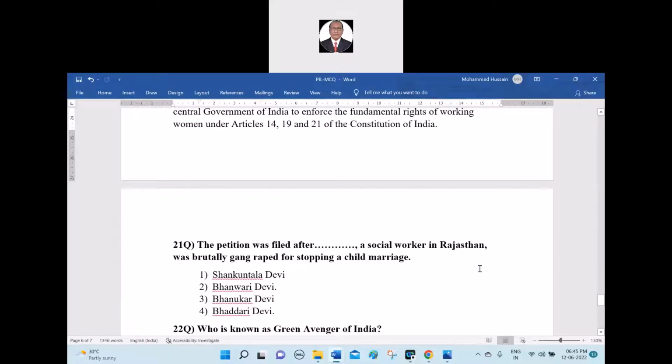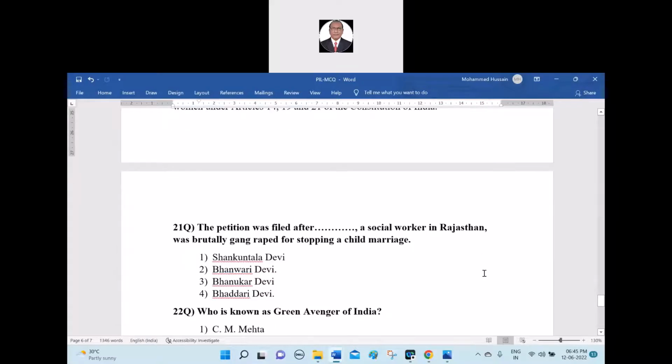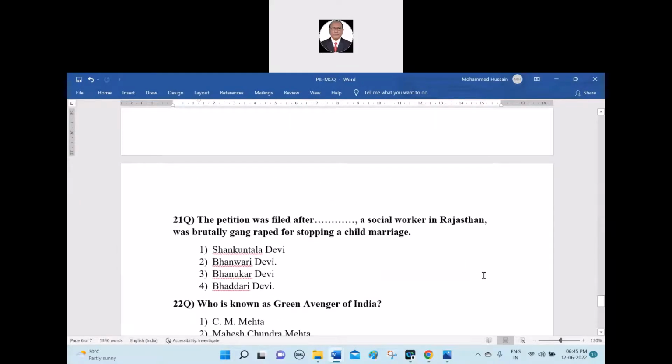And supplementary question: Bhanwari Devi, in the case of so-and-so, was brutally gang raped. What is the name of the case law? They may ask in that way also, or they can frame it in that way.